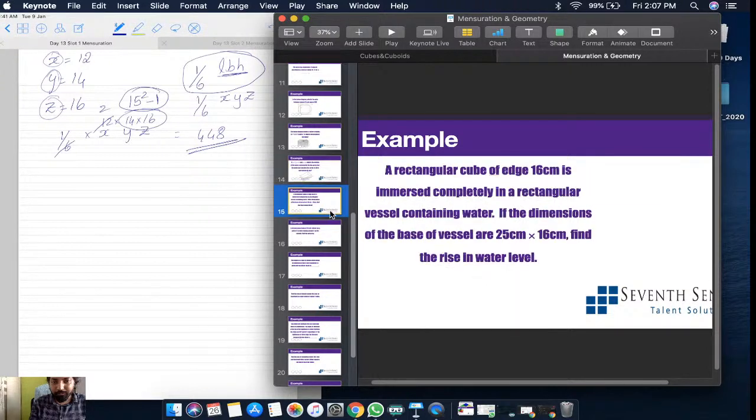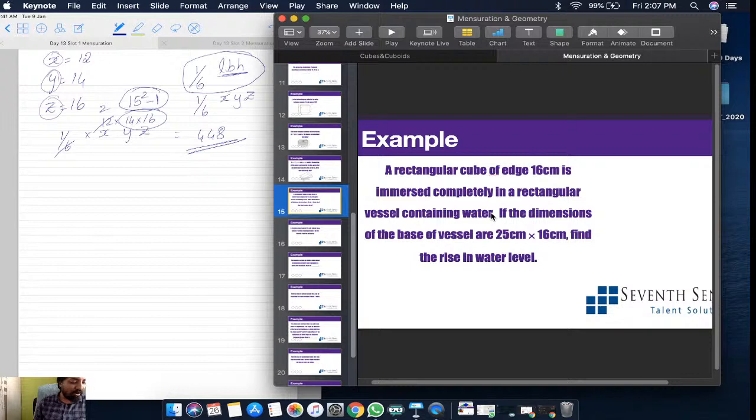Now, moving on, this question. Mechanical students, read this question and let me know what concept we are going to use to solve this problem. Mechanical and civil both have learned this concept.